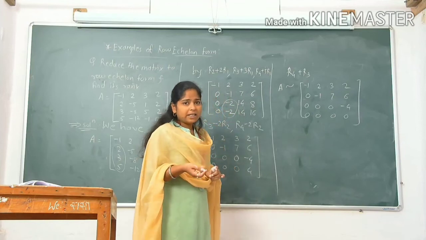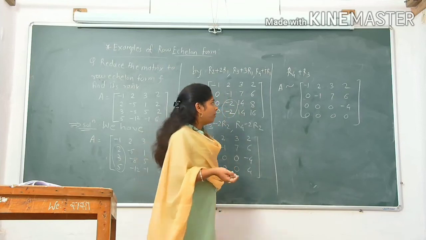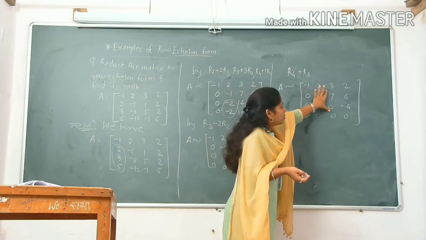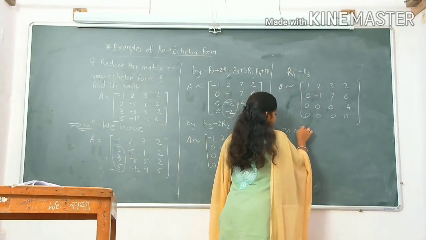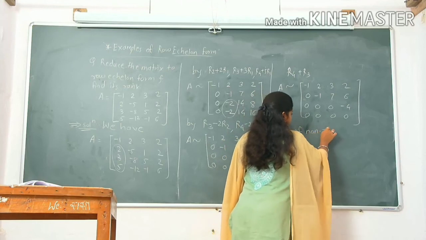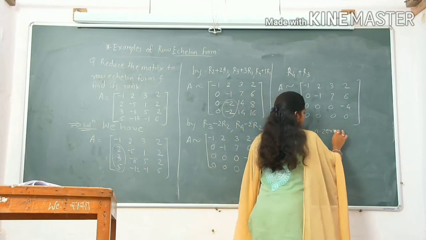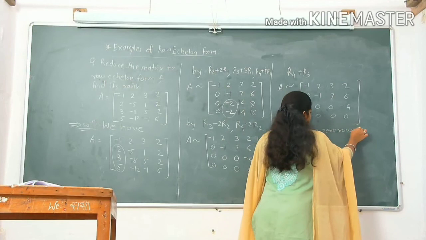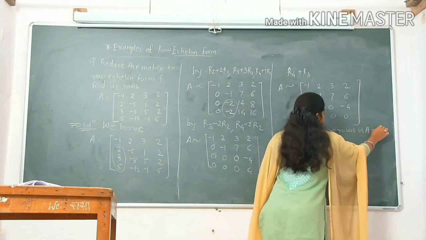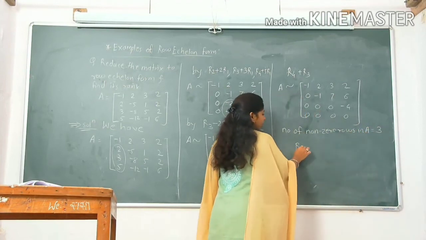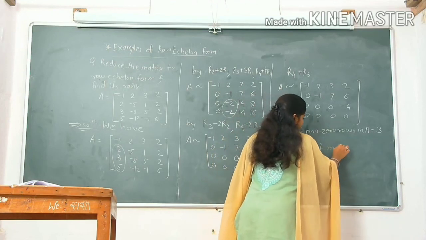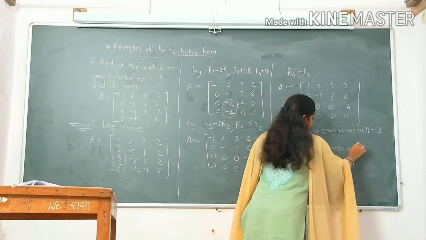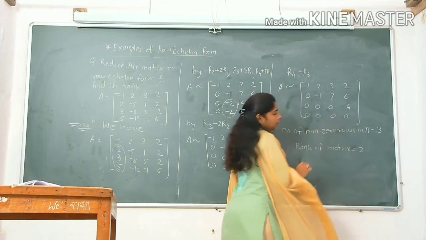Therefore, this matrix is in row echelon form and the number of non-zero rows in the matrix is equal to 3. Therefore, the rank of the matrix is 3.